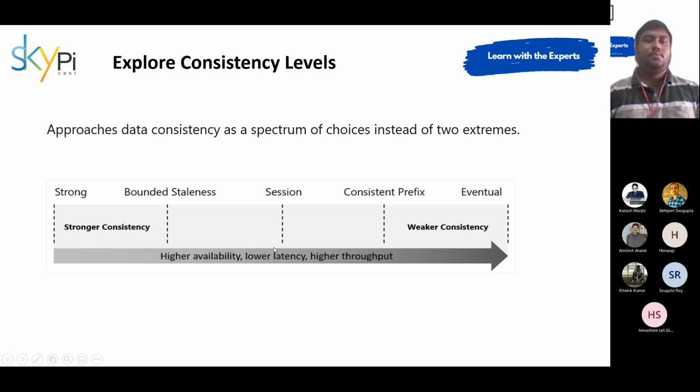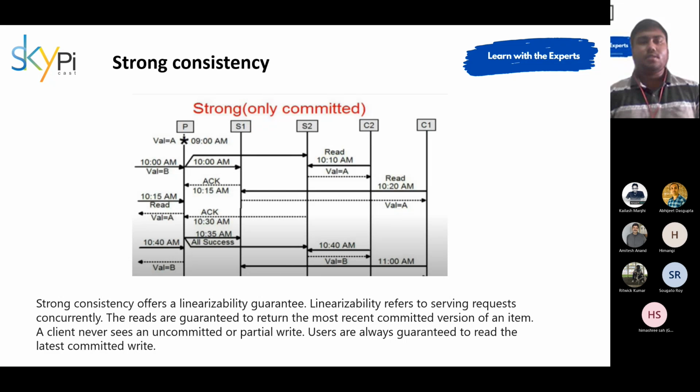So delving deeper into these consistency levels one at a time, we'll be moving first to strong consistency. Here is a graph where this is a primary database and these are all secondary read databases.